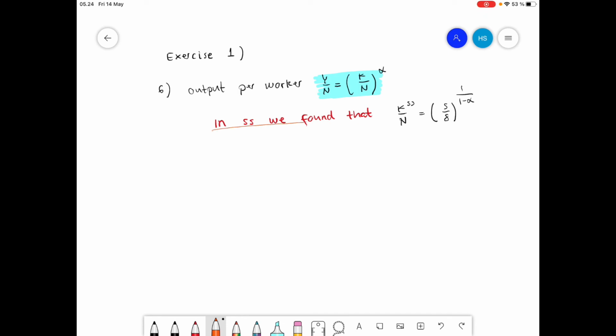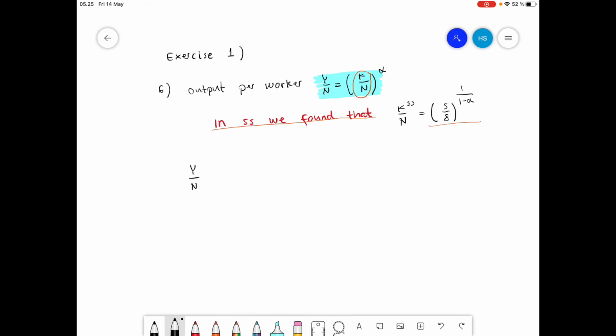In the previous exercise, we found that in steady state, the capital stock in per worker terms is equal to the savings rate over the depreciation rate to the power of 1 over 1 minus alpha. So in order to find the output in per worker terms in steady state, we simply plug in the exact capital stock into the output per worker function.